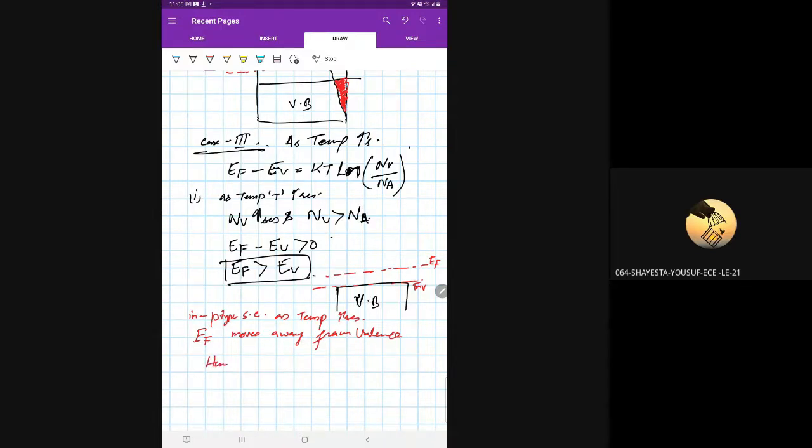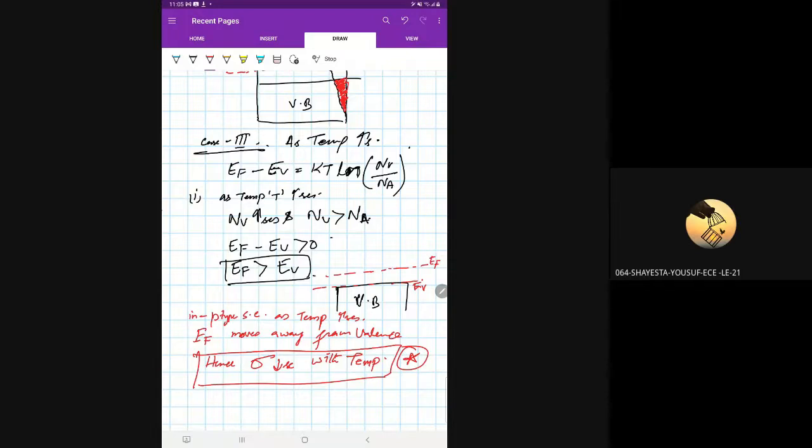So hence we can say sigma decreases with temperature, because the Fermi energy will move towards the center of the gap. Please remember that it is trying to become an intrinsic semiconductor, and in an intrinsic semiconductor you have very little conductivity. So in a p-type semiconductor, the position of the Fermi level will be different for different temperatures, and at 0 Kelvin it will always coincide with the valence band.